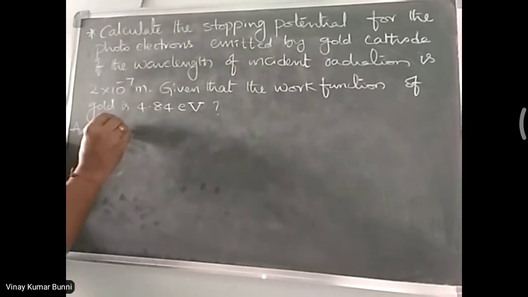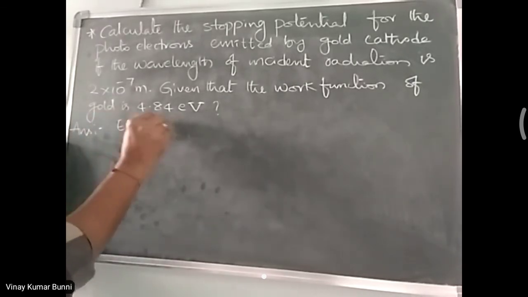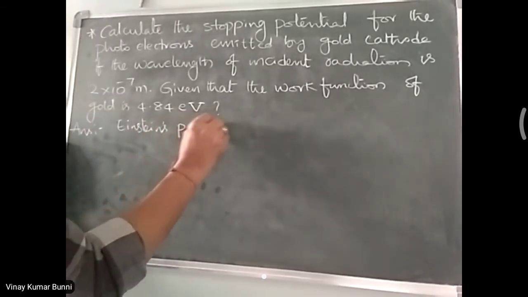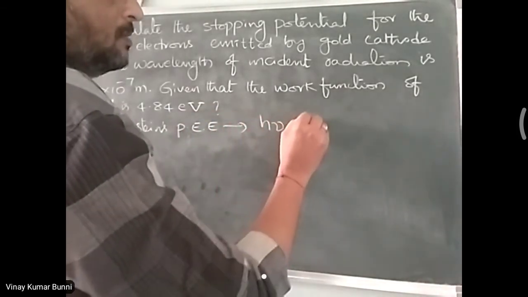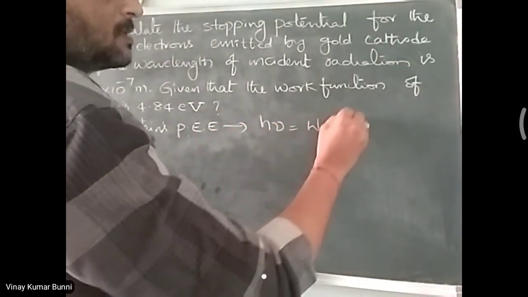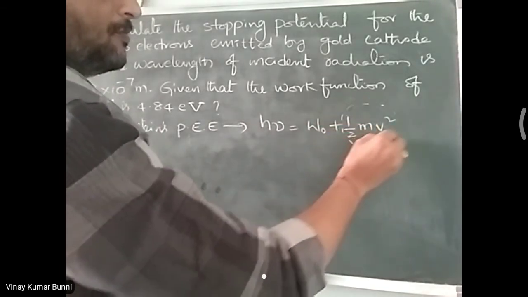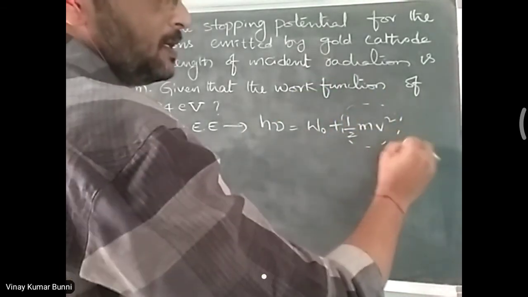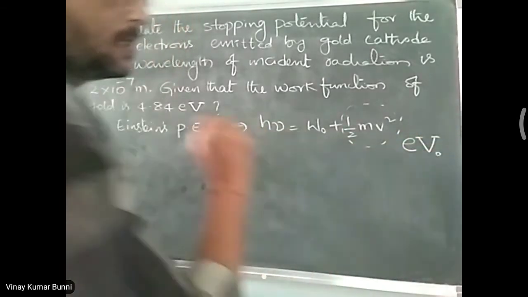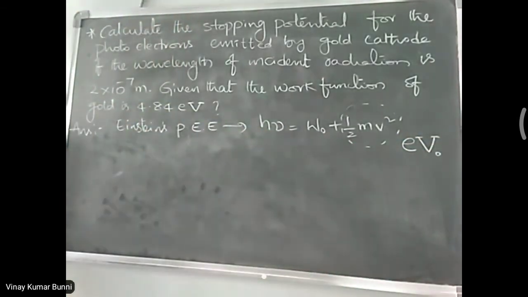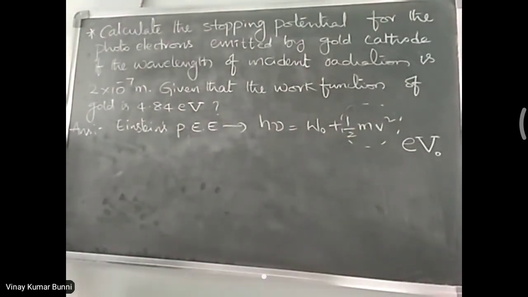Actually, the Einstein's photoelectric equation is h nu equal to W naught plus half mv square. Here, in place of this half mv square, you may write it as eV. That energy is termed as eV naught, which is electron volts.